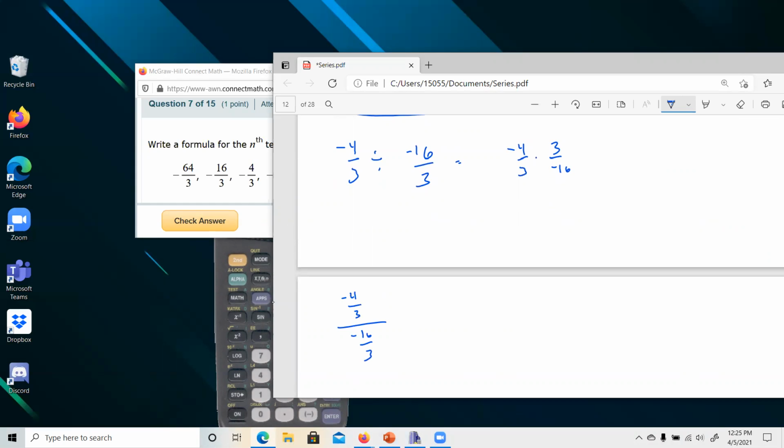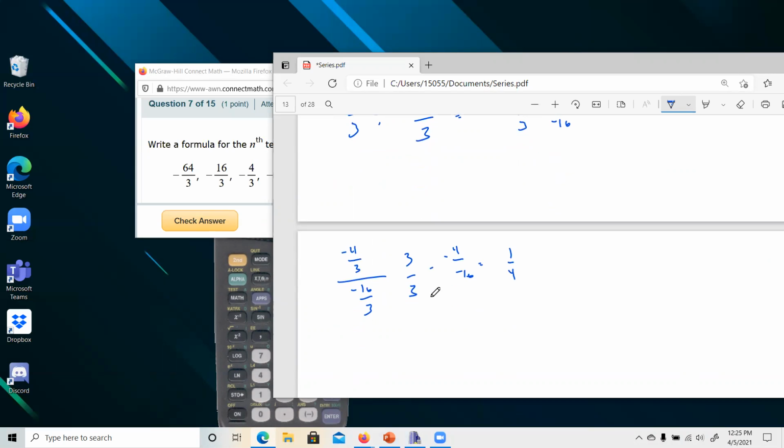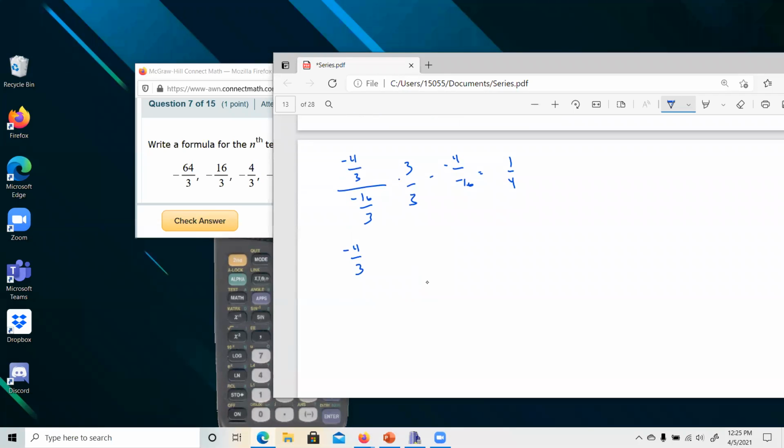The first step for this, there's two things you could do. You could multiply by 3 over 3 and get 4 over negative 16 and get a fourth. Or, and this is the way I often remember it, it's just a method that students don't remember.